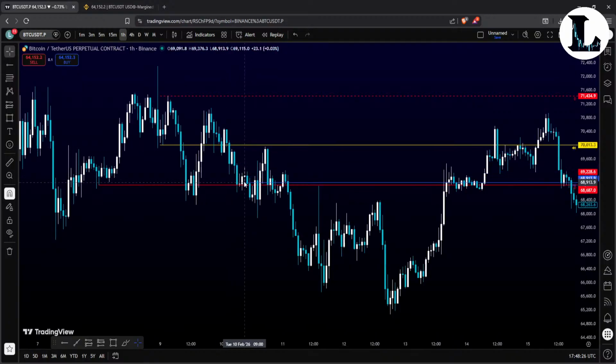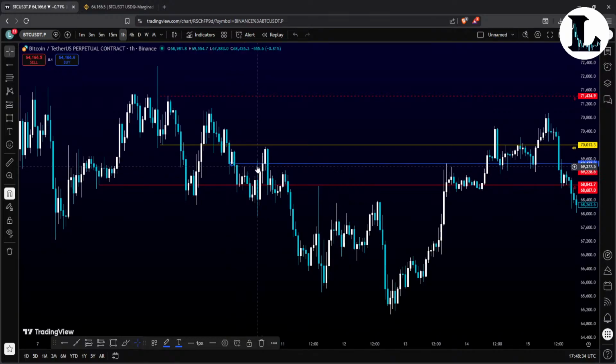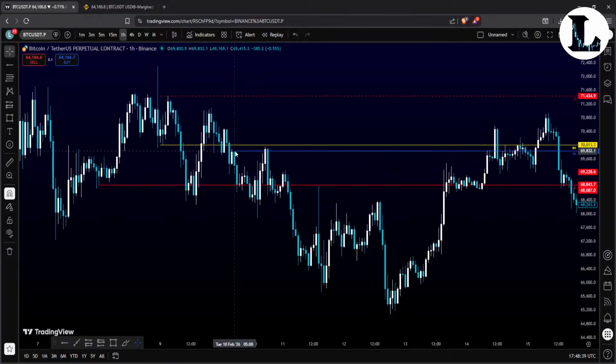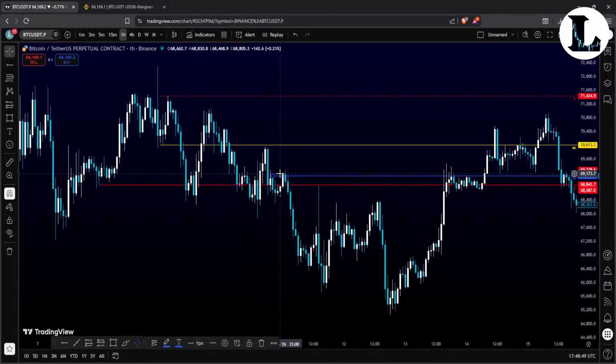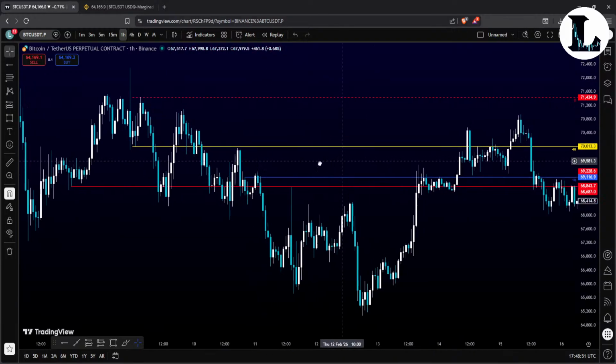So you can see that this one did not act as resistance because this candle here was not tested by this candle, okay? It goes there the second time, the third time, and it tries to break up. It wasn't able, and it keeps moving down. So this one was not, and this one was, and it created a liquidity level here, as you can see.